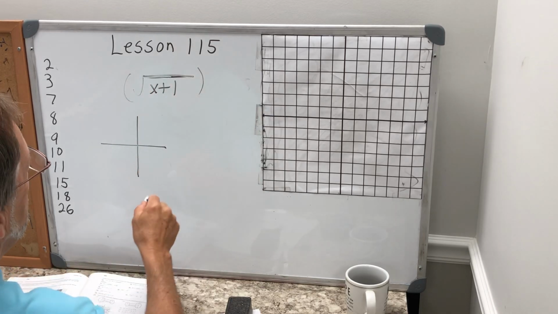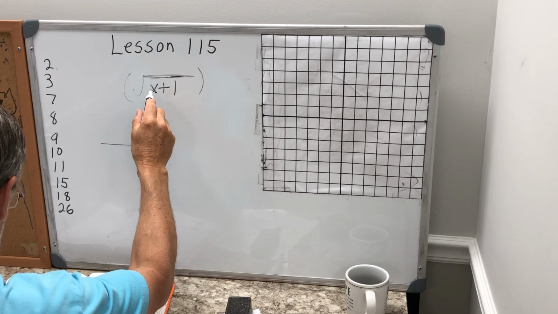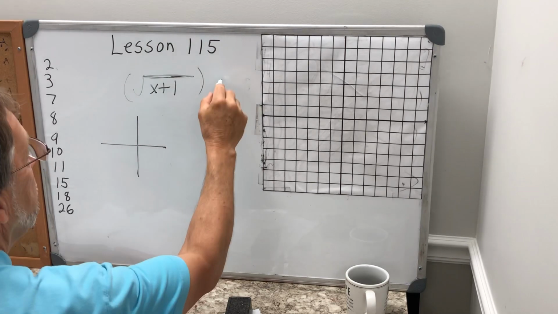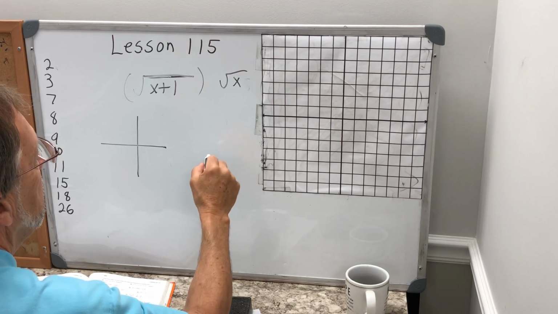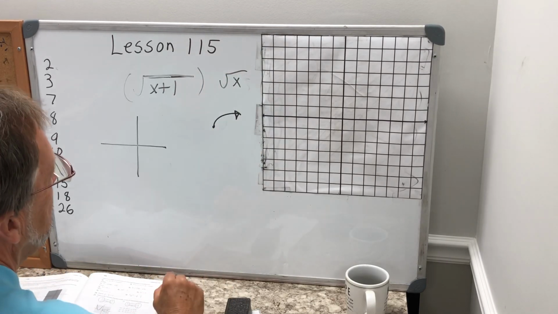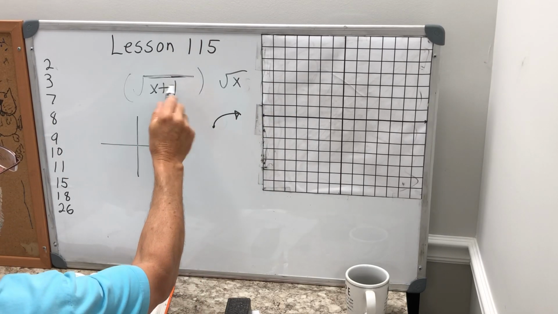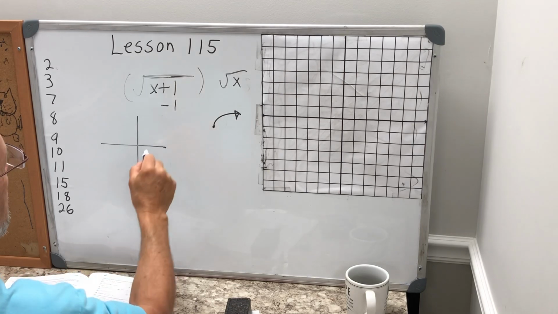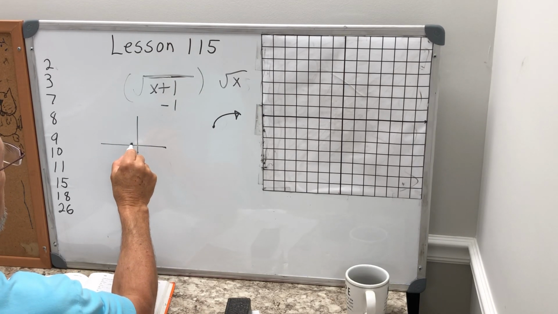If you had it like this, what kind of a graph is the square root of x? Do you remember? It's this. Is that correct? All right, and then we have to find where we start off at. This is an inclusive, so this is going to change this to a negative 1. We would choose negative 1 on the x line.